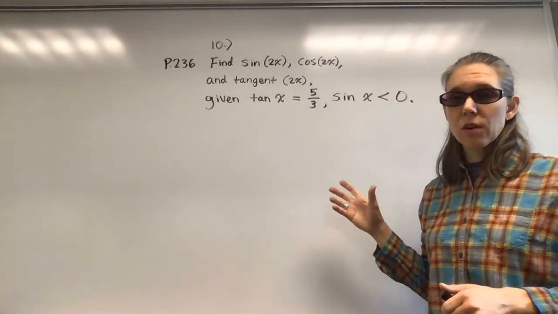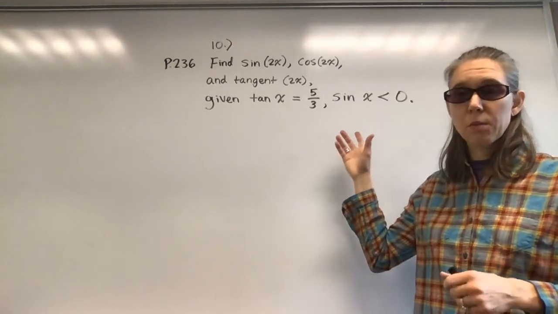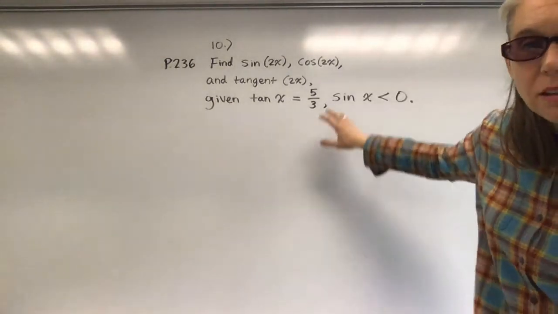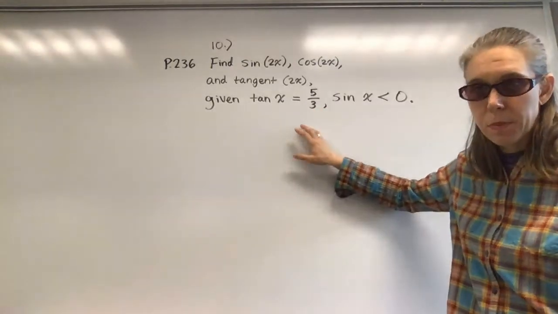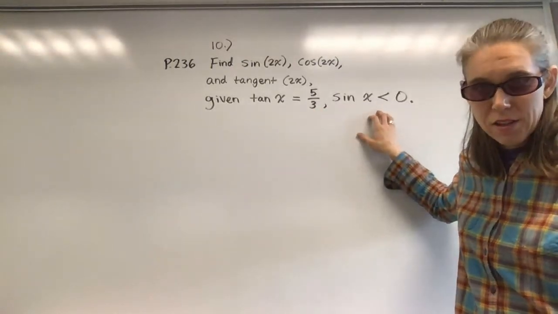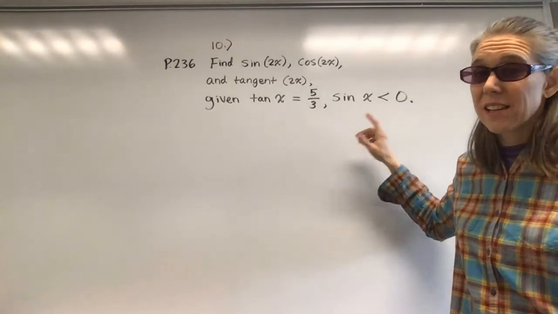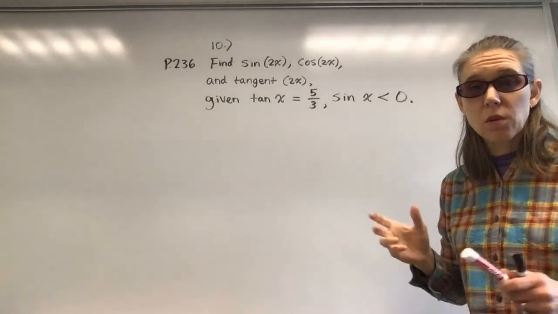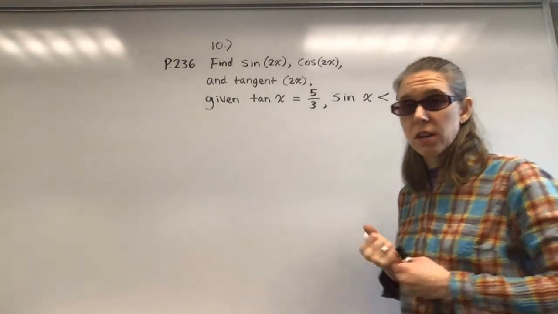Start off by drawing the quadrant that you're in, and then put a triangle in that quadrant and label it. So here we know that tangent is positive and sine is negative. Tangent is positive and sine is negative only in the third quadrant. So the first thing we want to do is draw a third quadrant angle.